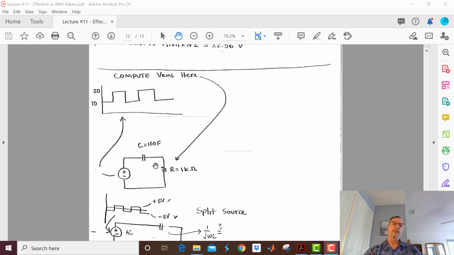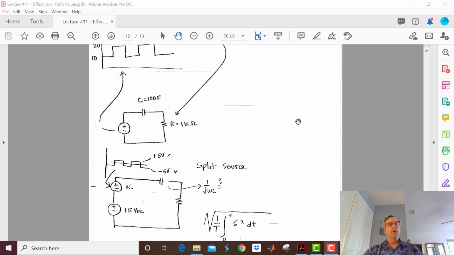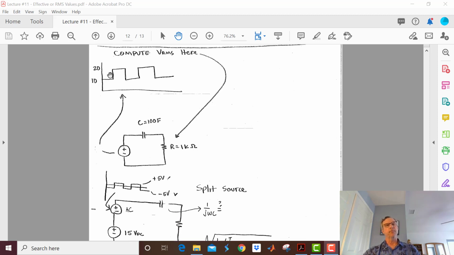But I want to find the RMS value here. So what I'm going to do is break my voltage source up into two sources. I know that what this really is 15 plus or minus 5 volts. So I got a 15 volt DC source, and then it goes up a little bit, and then it goes down a little bit.